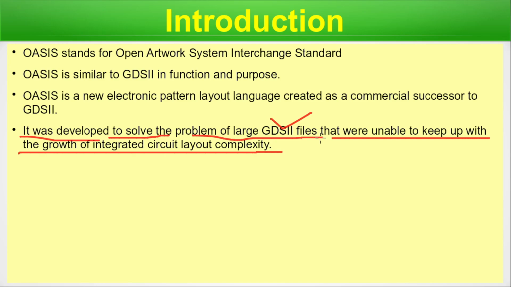Whenever we are exporting our layout into the binary files that can go to the foundry as a mask, that format is GDS, and it was consuming a lot of area in the hard disk because multi-million gate designs are done today in our chip design area, and those are very large files. GDS2 was consuming a lot of hard disk, and the OASIS is developed with a better compression algorithm so that it takes less area in your hard disk.